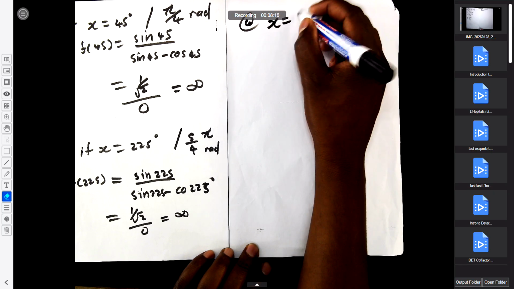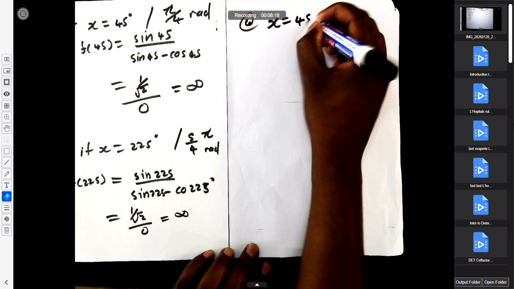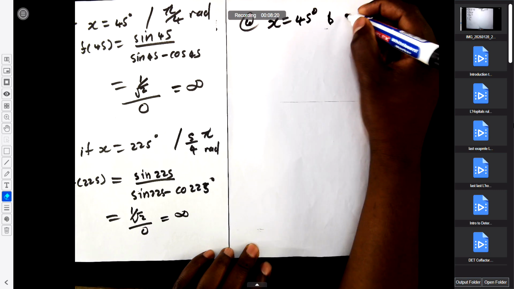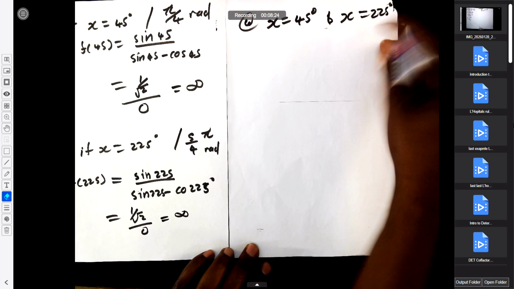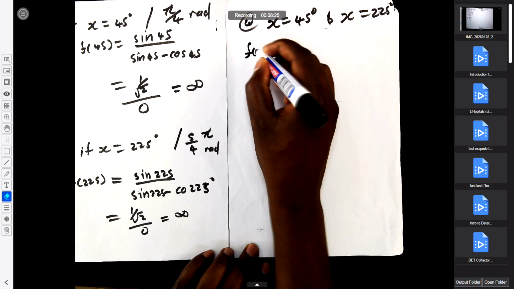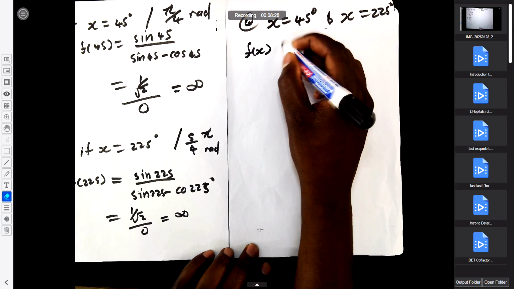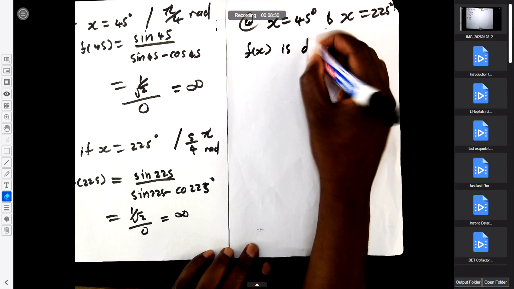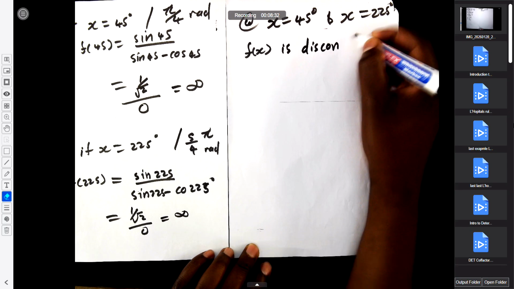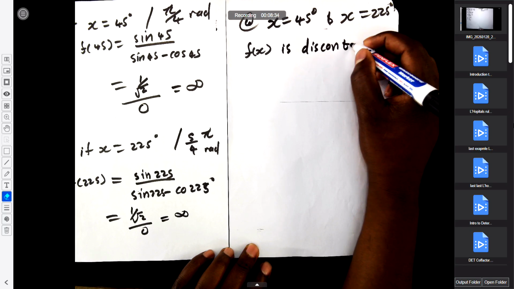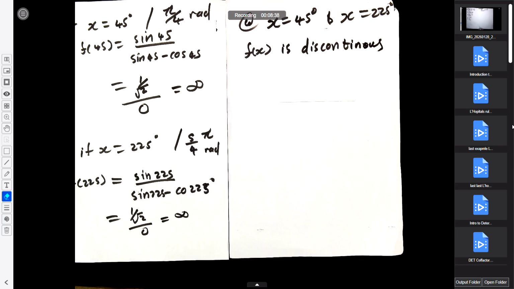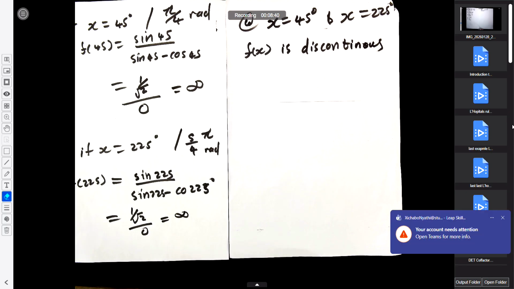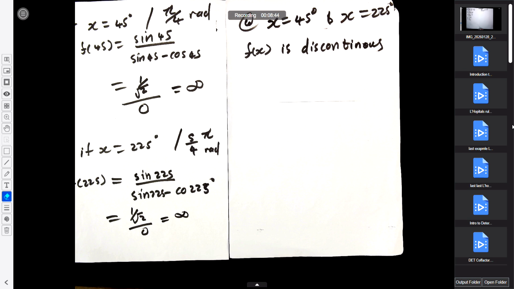So normally, in concluding, you will say that at x equals 45 degrees and x equals 225 degrees, f of x is discontinuous.